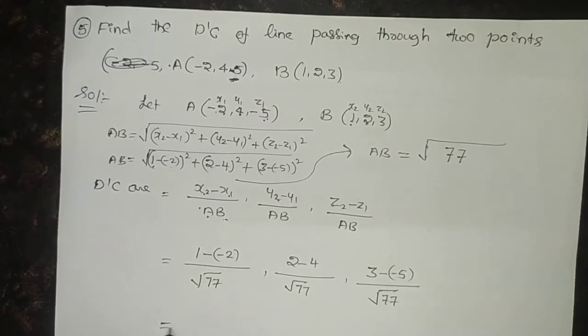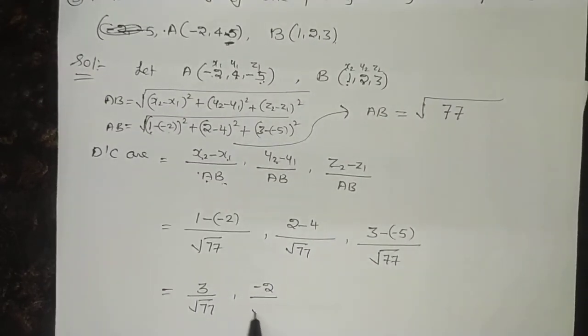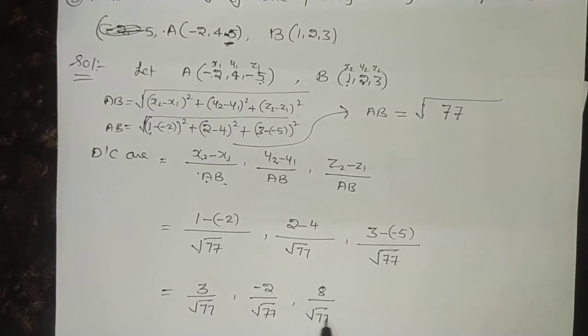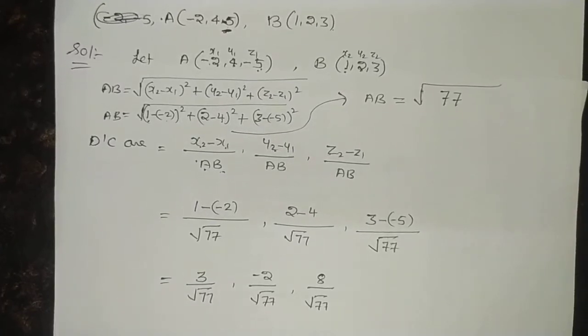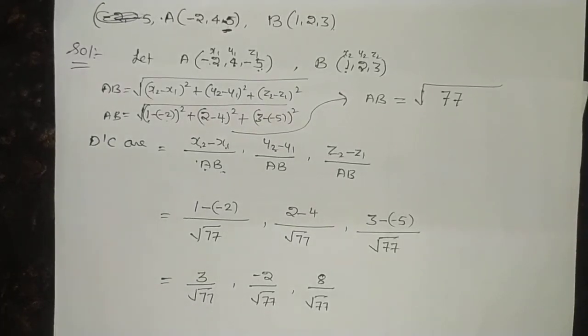Understand? That is equal to 1 minus of -2 is plus 3 divided by square root of 77. Next 2 minus 4 is -2, so -2 divided by square root of 77. Next 3 minus of -5 is plus 8 divided by square root of 77. Understand?